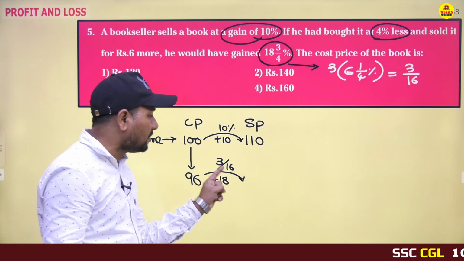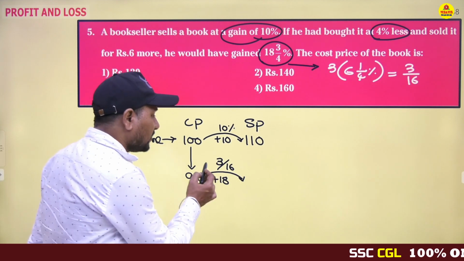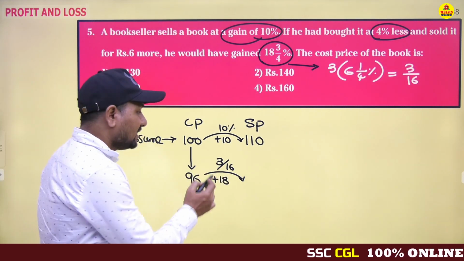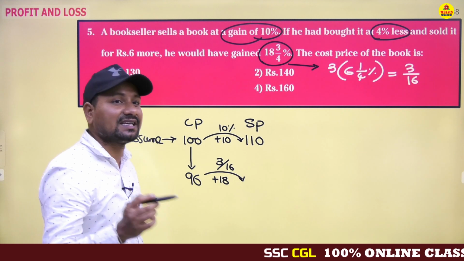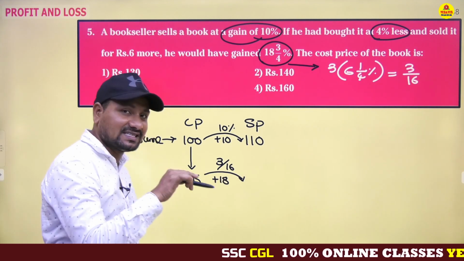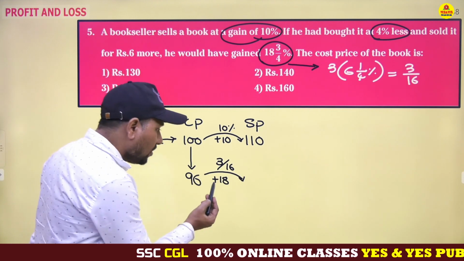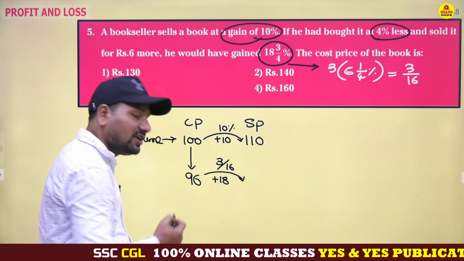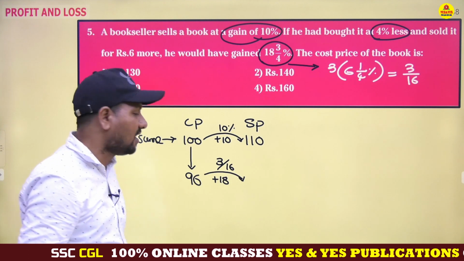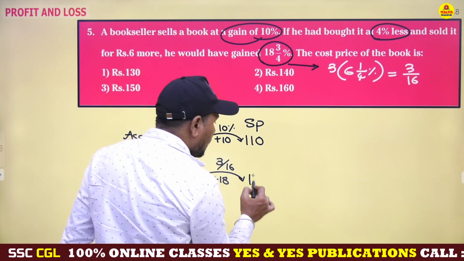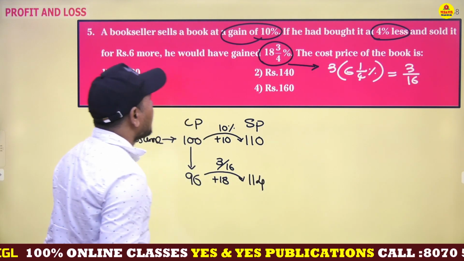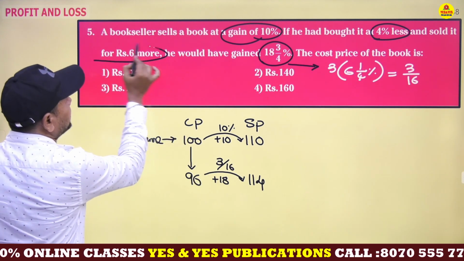Out of 96 I am taking 3/16, and profit means you add it. 18 will be added to 96, and the sum is 114 rupees. I am not touching this 6 rupees till now.